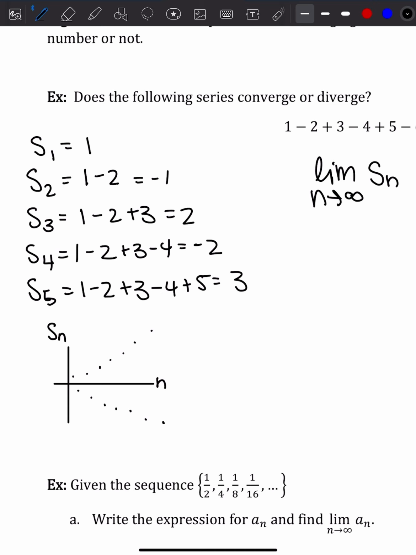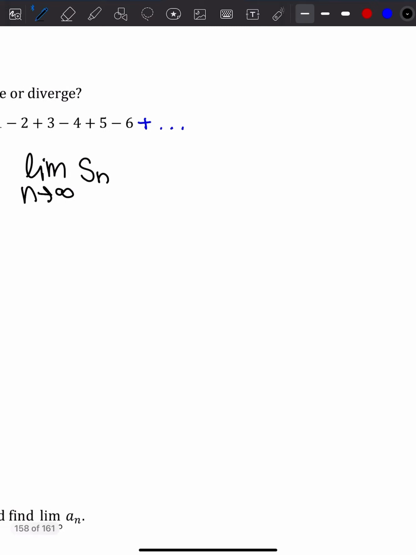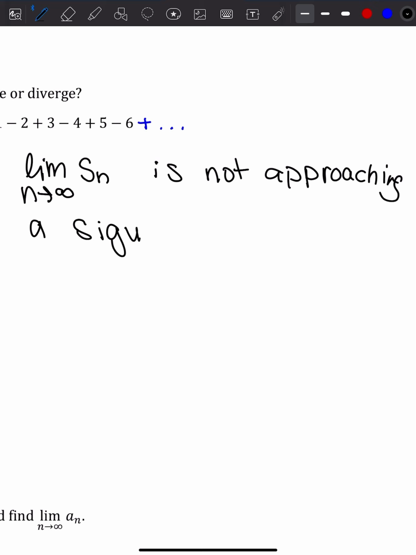As we look at this, there's not going to be a singular number that we get to. So S sub n, as we look at the limit, is not approaching a singular number.